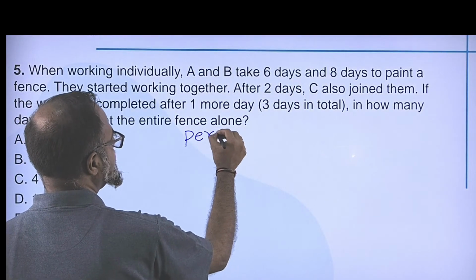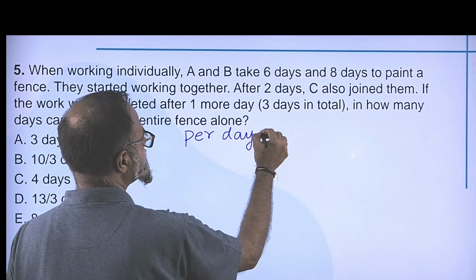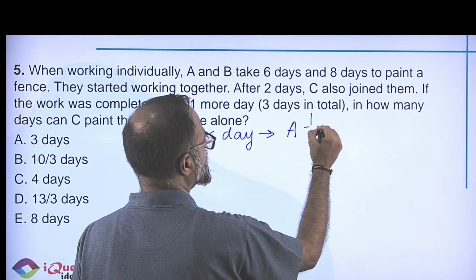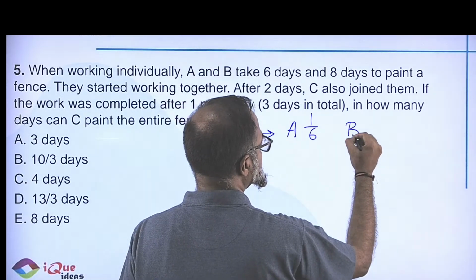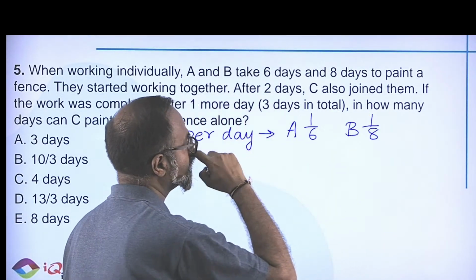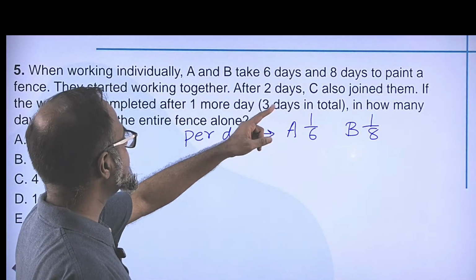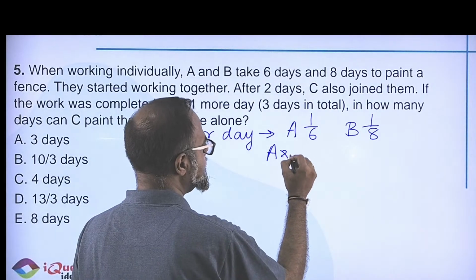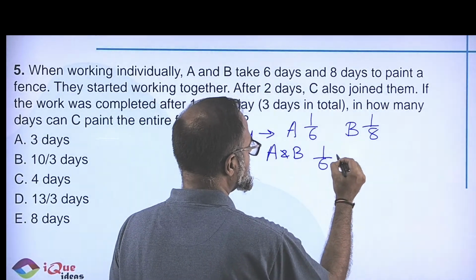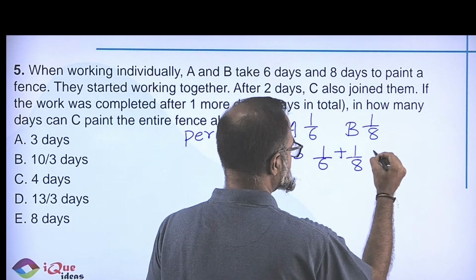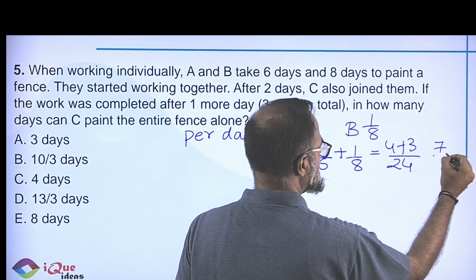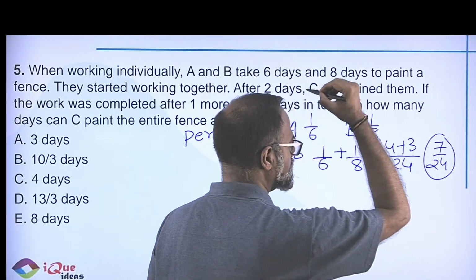So in any time and work problem, always find out the per day capacity. So per day, A can do 1/6 of the work, B can do 1/8 of the work. So A and B take 6 and 8 days to paint a fence. They started working together. So A and B together per day would do 1/6 plus 1/8, which is equal to 7/24 of the work together.